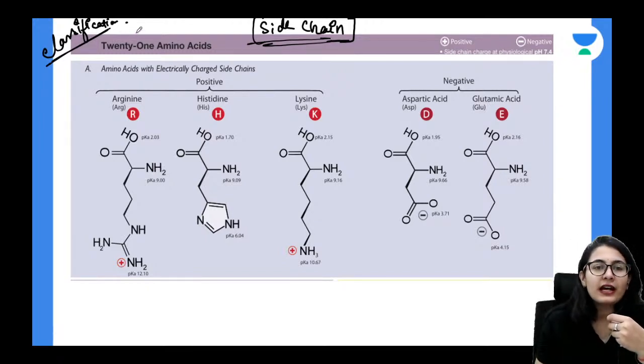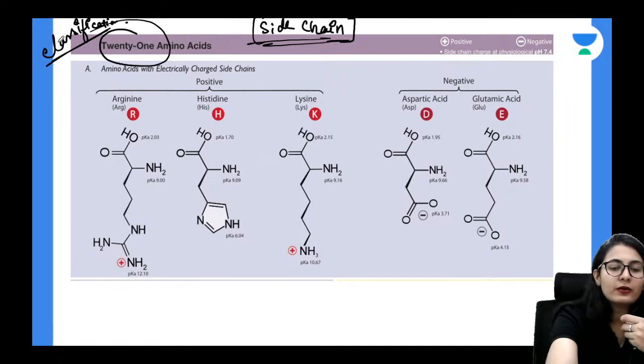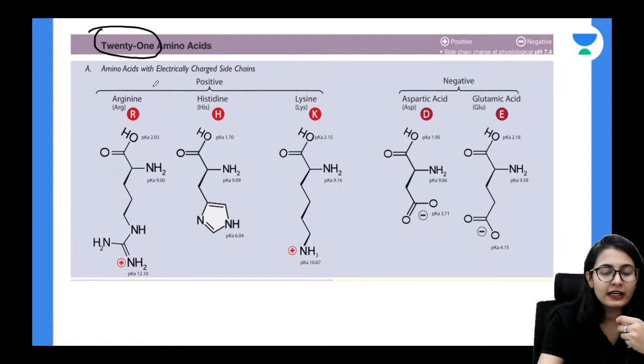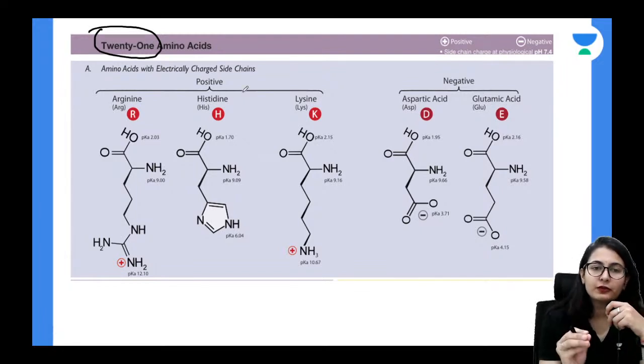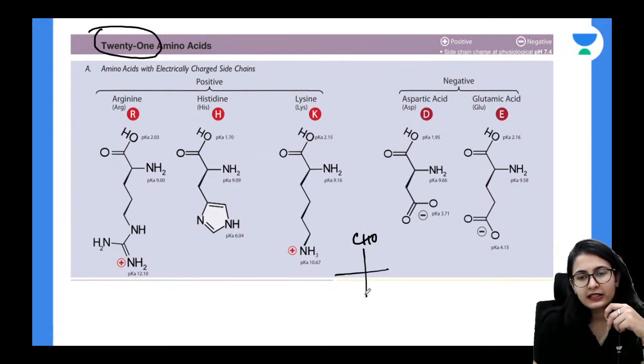There are 21 amino acids, and we are going to classify these 21 amino acids into simple categories by which it will be easy for you to remember.